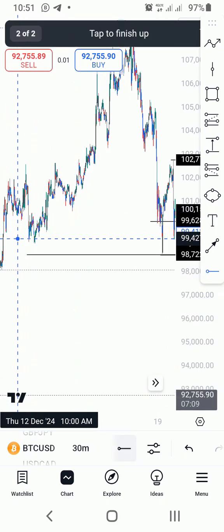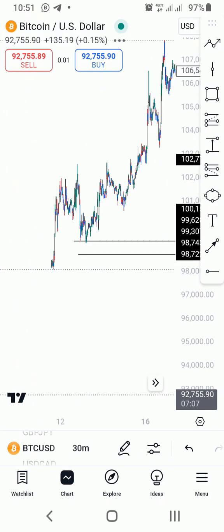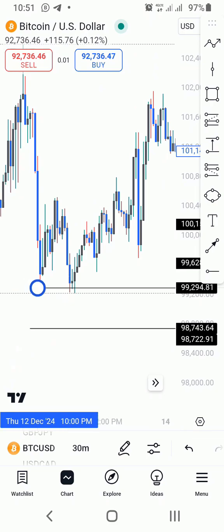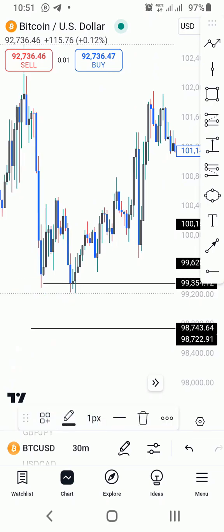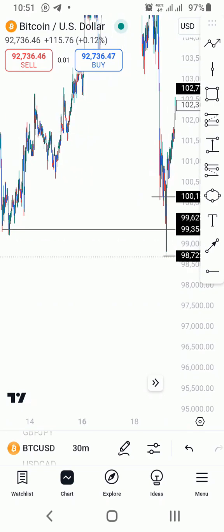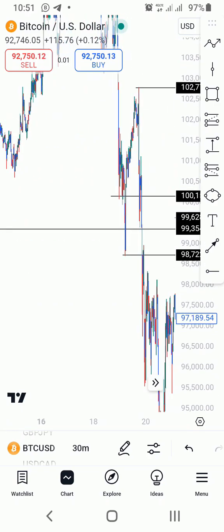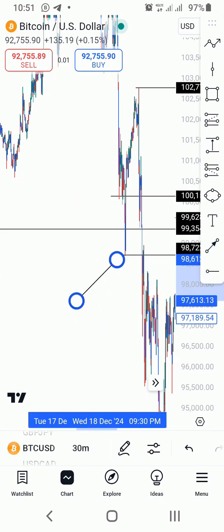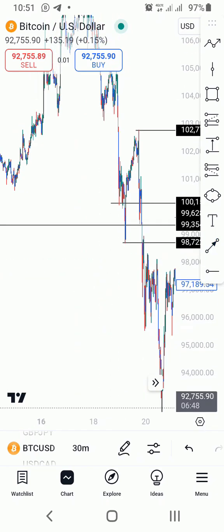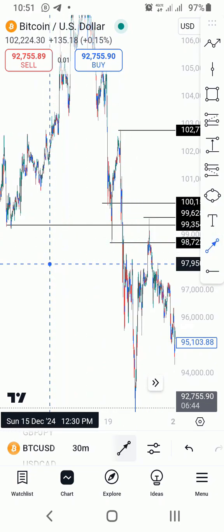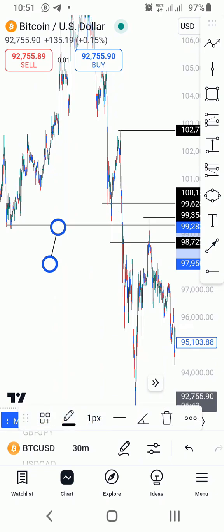Yes, it is here, somewhere here. Now I'm going to remove this one. I just extended it to show that this is our H4 low. This one. Okay. So, meaning that we have got liquidity on this point and on this point.